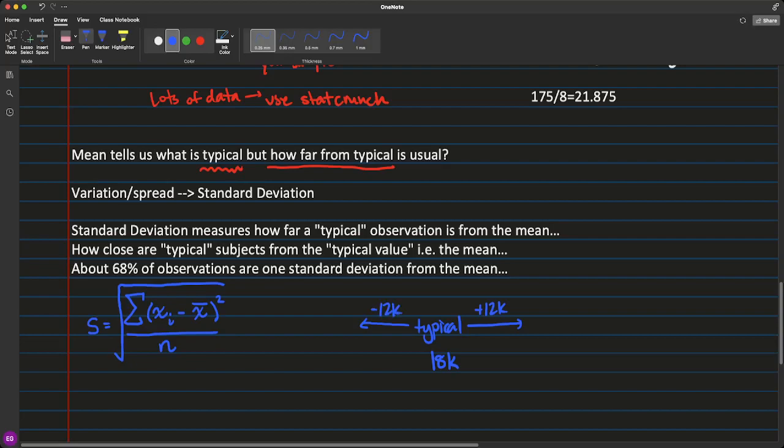So 18,000 plus 12,000 is about 30,000. 18,000 minus 12,000 is about 6,000. So in other words, a typical school will cost somewhere between $6,000 to $30,000. Not every school is going to have fees and tuition at that typical value of 18,000. They're going to deviate from that a little, and the standard deviation helps you figure that out.